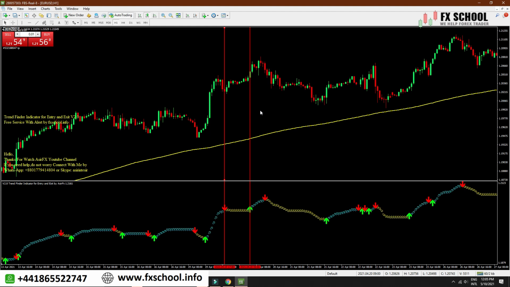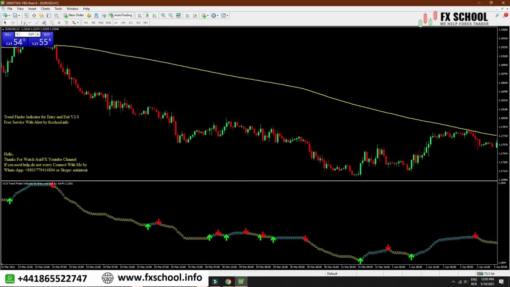There you can see the green line, the trend finder indicator, giving us the buy signal. But there you can also see the moving average 200 line is upside of the candle. It means the moving average 200 line is giving us the sell signal, but the trend finder indicator is giving us the buy signal.